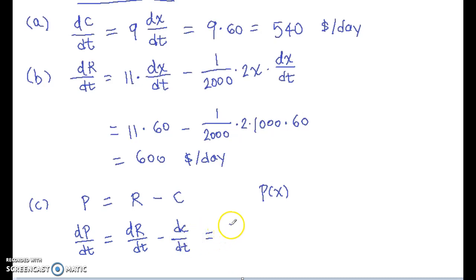We know dR over dt is 600, and we know dC over dt is 540. So finally, the profit is $60 per day at production of 1,000 switches per day.